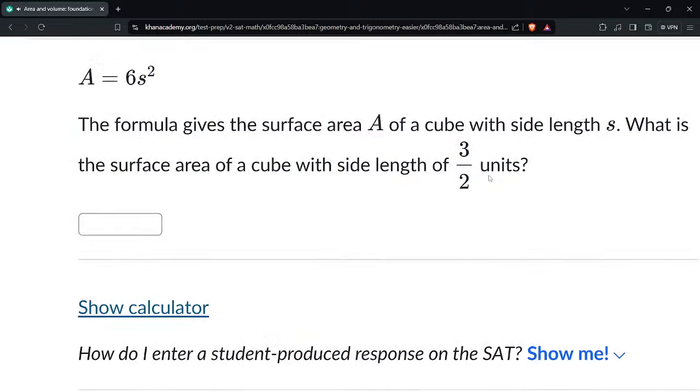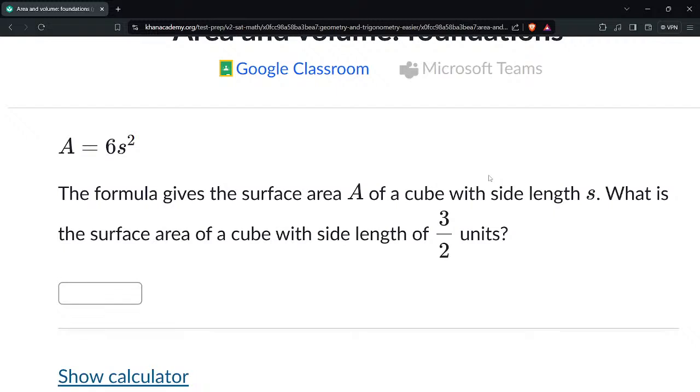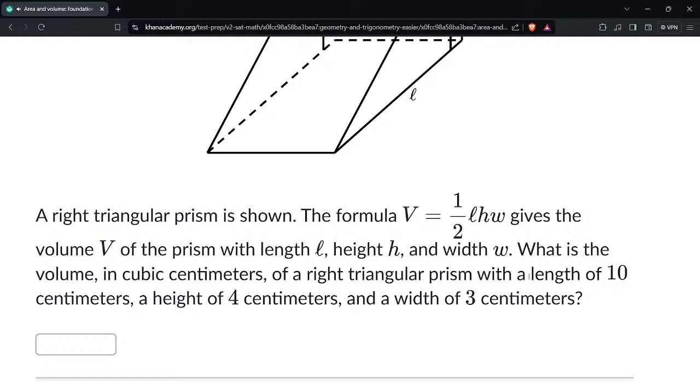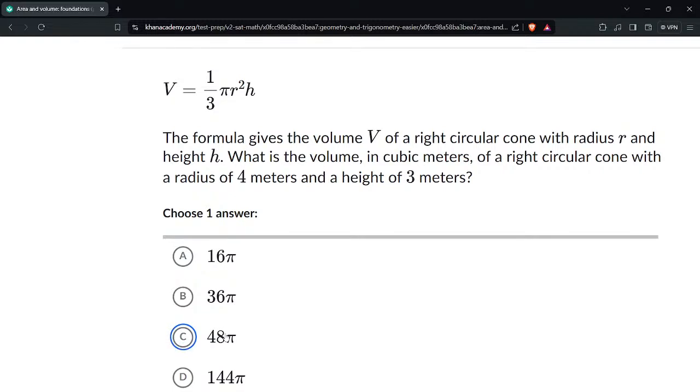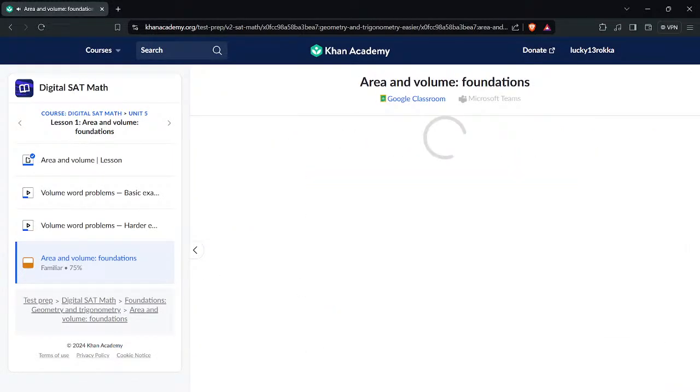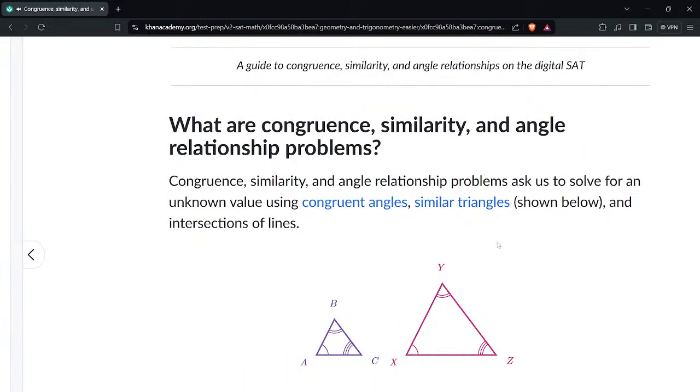This is defense. These are some questions.